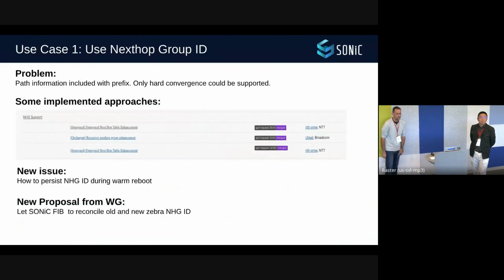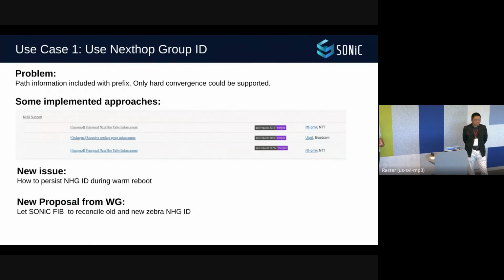The first thing we have been working on, for almost two years now, is the next hop group ID. Basically it creates a level of indirection, so that instead of downloading millions of routes with next hop information or path lists, these millions of routes point to a single, hopefully, next hop group ID, which is your level of indirection.